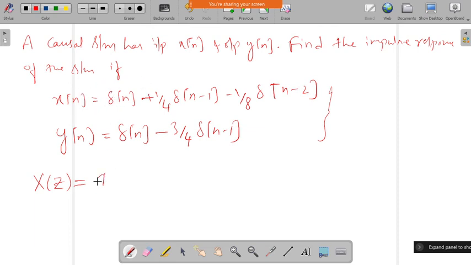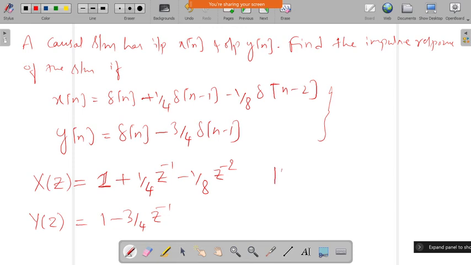If I take the z transform of δ(n), it is nothing but 1 plus 1 by 4 into, if I take the z transform of δ(n minus 1), which will be equal to z power minus 1, and similarly 1 by 8, so this one z power minus 2. Okay. And we can find Y(z) also, which is equal to 1 minus 3 by 4 z inverse.